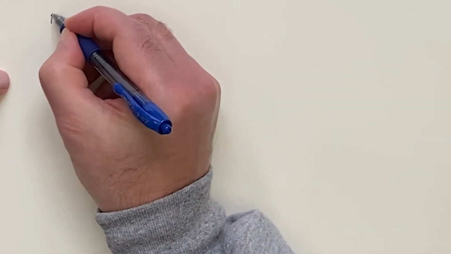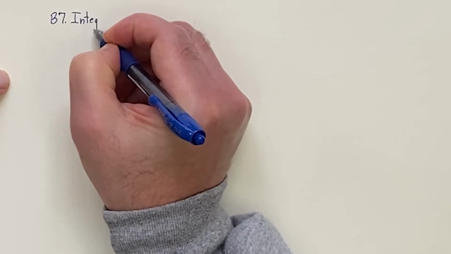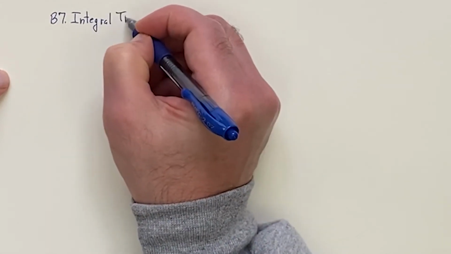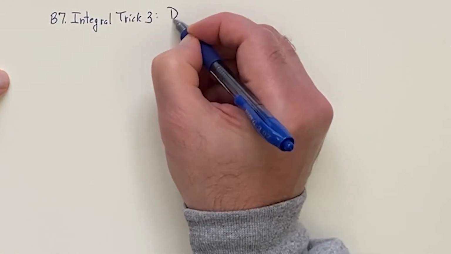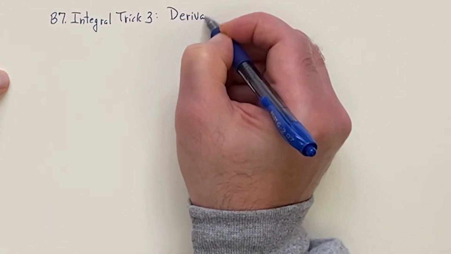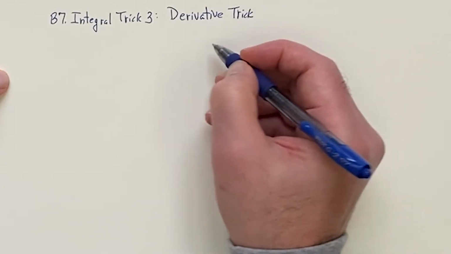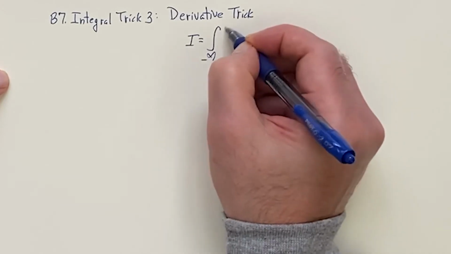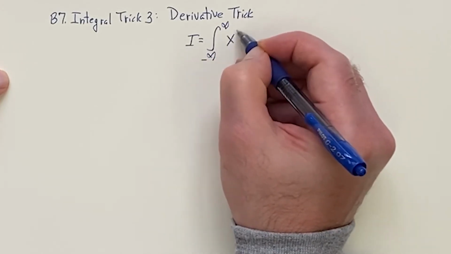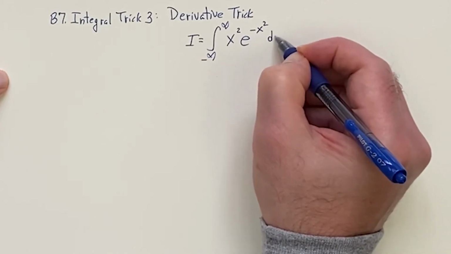Okay, we go now to B7, integral trick 3, and I'm going to call this the derivative trick. Let's say you want to do this integral from minus infinity to plus infinity of x squared e to the minus x squared dx.